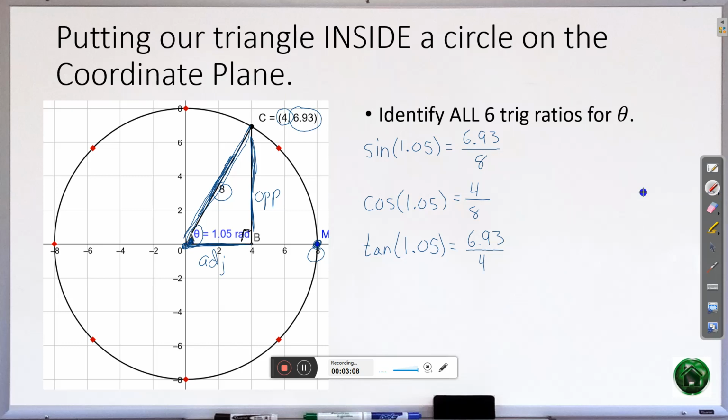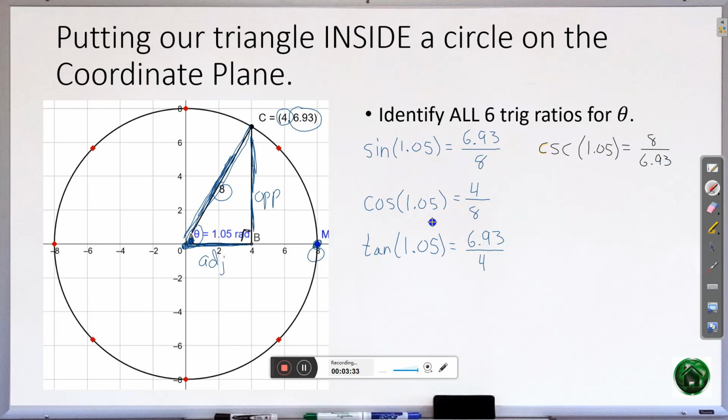Now that we have those, the other three trig ratios are really easy. They're just the reciprocals. So the reciprocal of sine is cosecant of 1.05. And we just take the reciprocal, so that's 8 over 6.93.